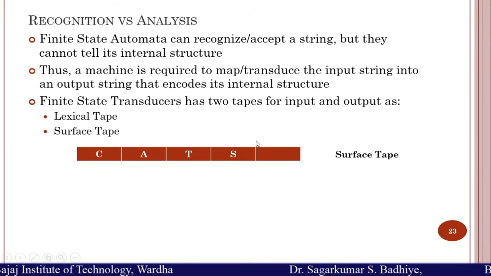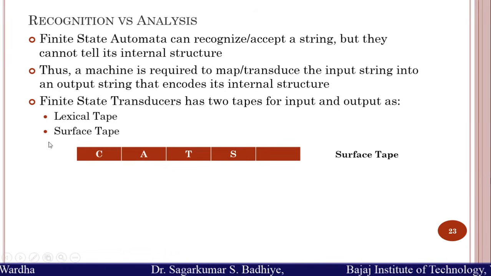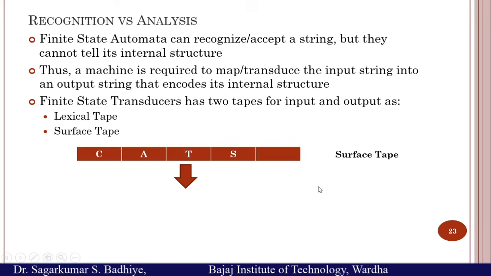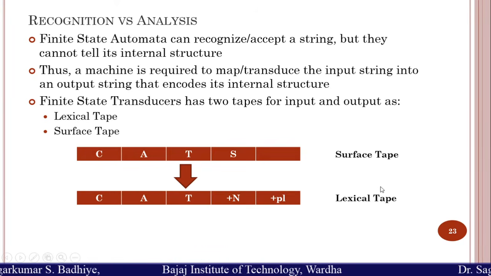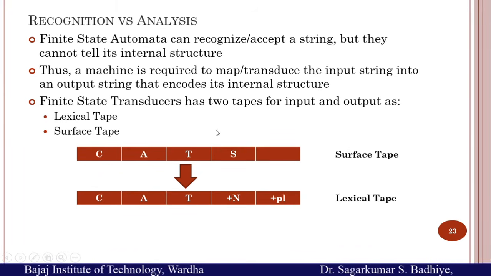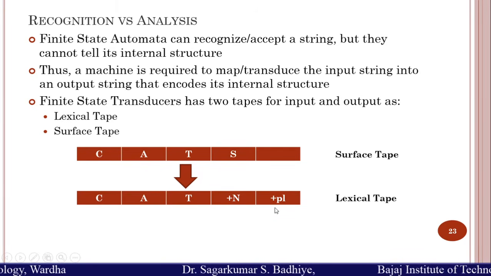Surface tape represents the actual word that we are discussing, as shown here, cats, which is represented on the surface tape because it is the actual word, and the lexical tape represents the internal structure of this word, like cat plus noun plus plural. So this indicates that the word on the surface tape is cat, which is a noun, and it is in its plural form.